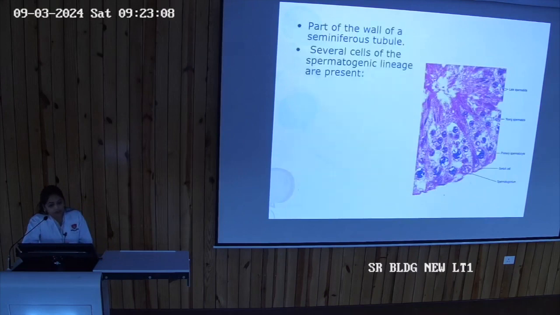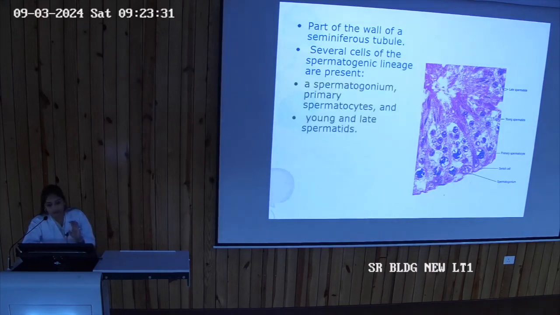Then, a cut section of seminiferous tubule showing different stages of spermatogonia. So on the luminal surface, the innermost side, what will be present? Spermatids. And in the middle part, the largest cells during this cycle are spermatogonia B. These are present in the middle part of this stratified layer, and the supporting cells are there, the tall columnar Sertoli cells.